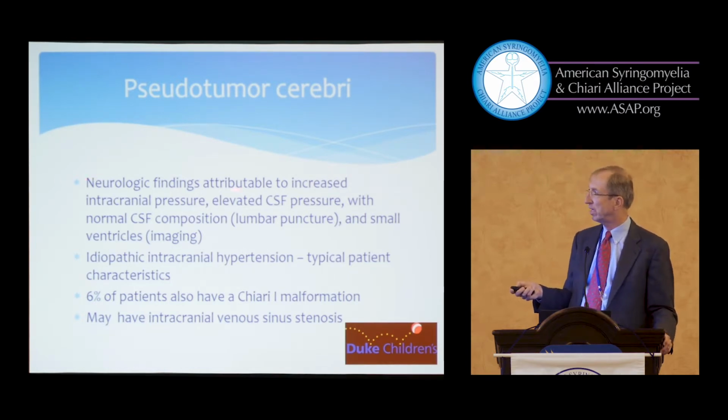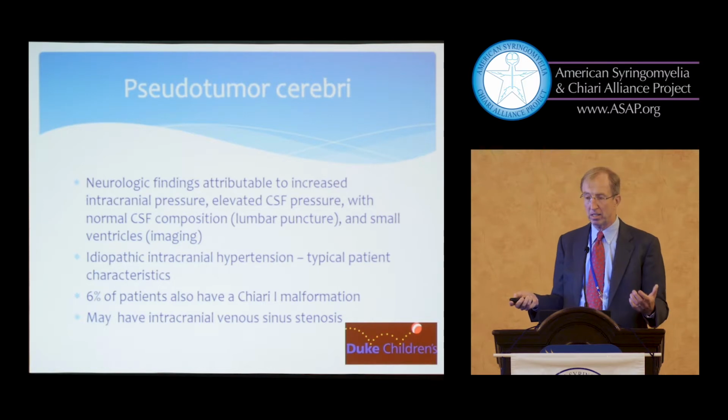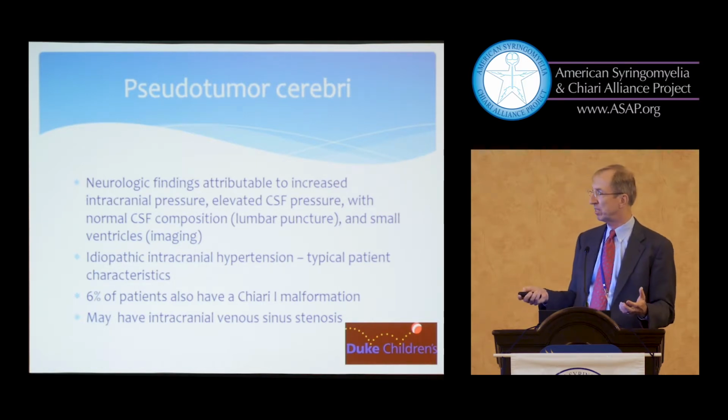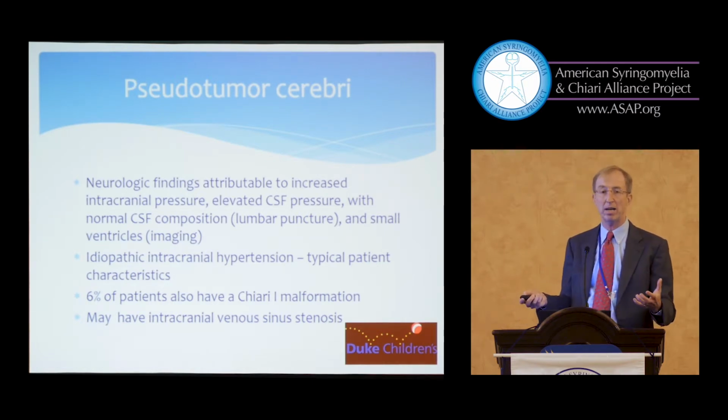Okay, so basically same kind of neurologic findings, elevated pressure on a spinal tap, normal spinal fluid composition, and small or normal ventricles, called idiopathic intracranial hypertension. Now, the typical adult patient that we see this in is an obese female. In pediatric patients, it's often not predominantly female, and it's often not obese patients.